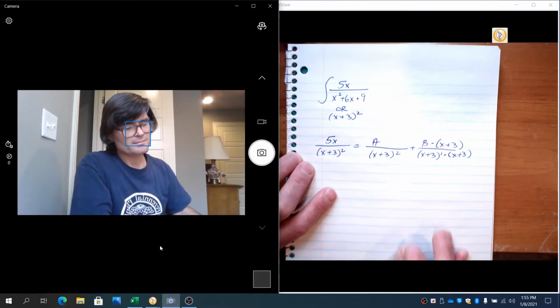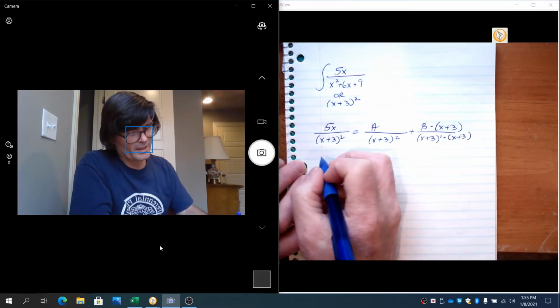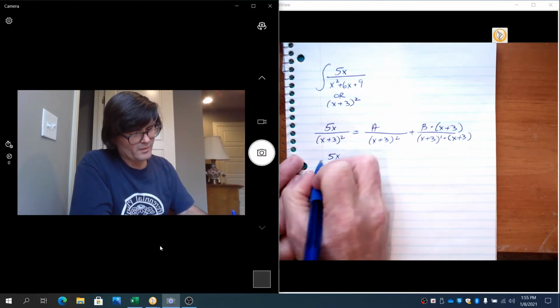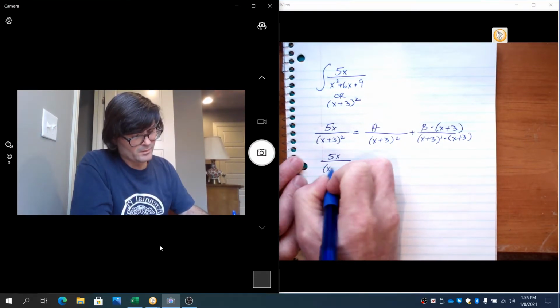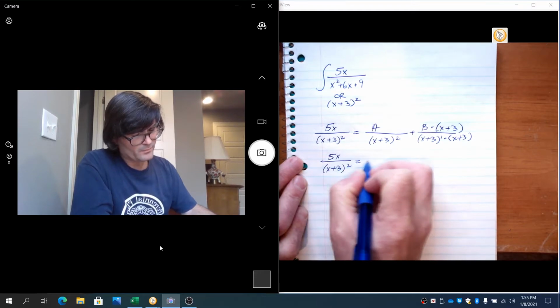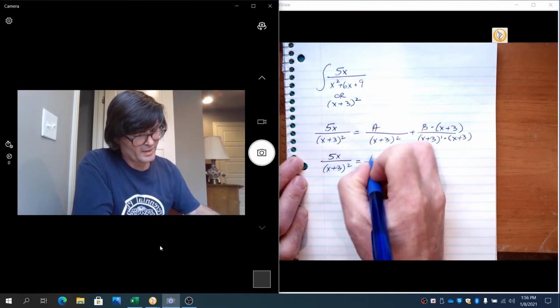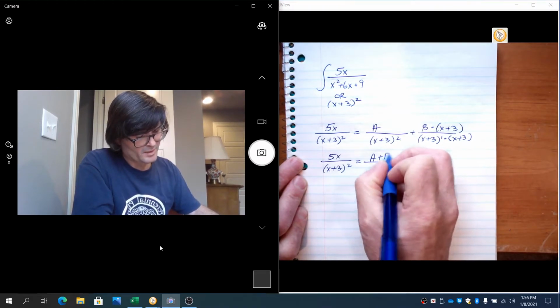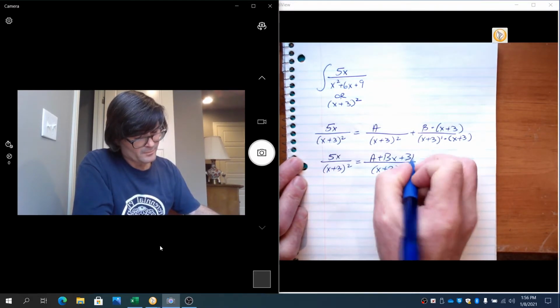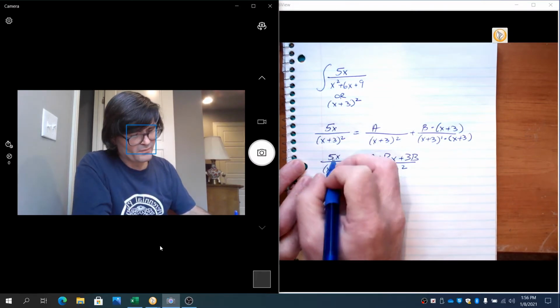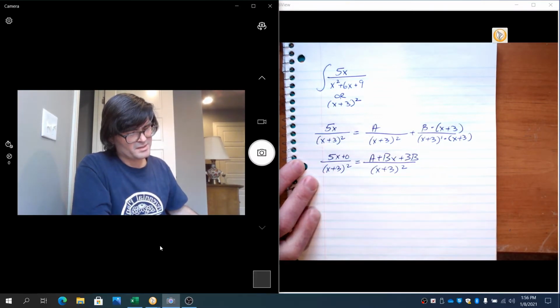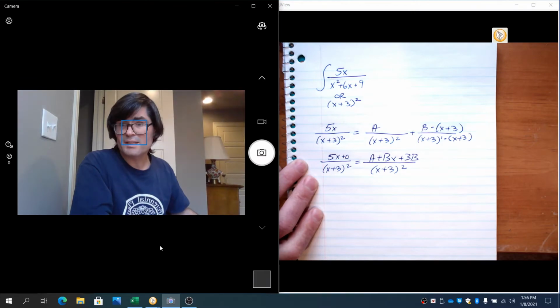And so we're going to have 5x over (x plus 3) squared. Then we'll have A, and then plus Bx plus 3B. And I'm going to say 5x plus 0 while we're at it. Since there's no constant there, I'll just put a placeholder of 0.